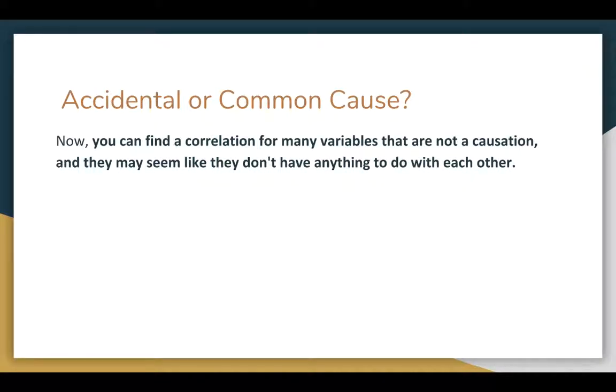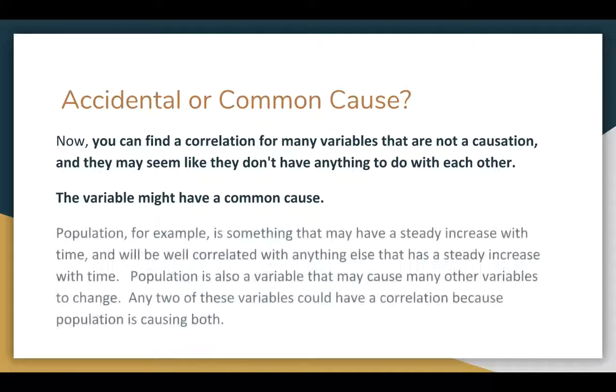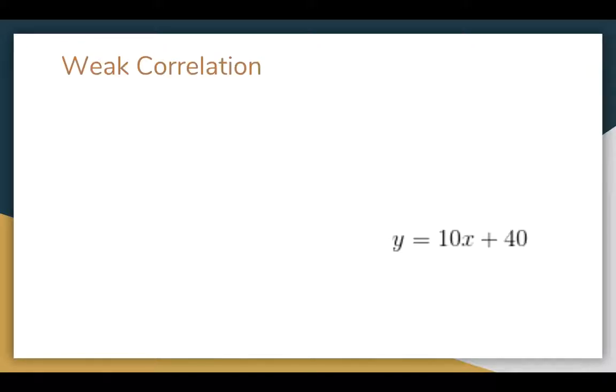They might not seem to have anything to do with each other, but there might be a third variable affecting it. Population, for example: anything that has a steady increase in time is going to be correlated with anything else that's steadily increasing in time.